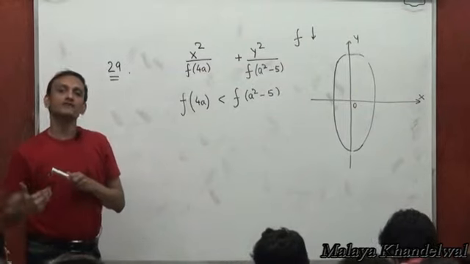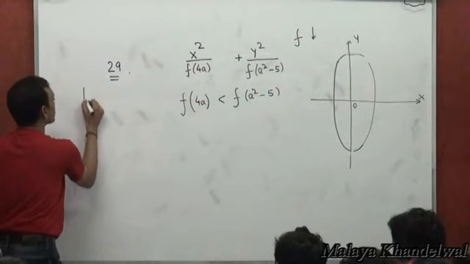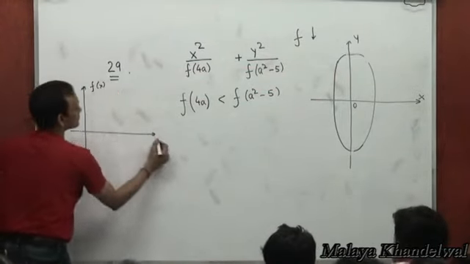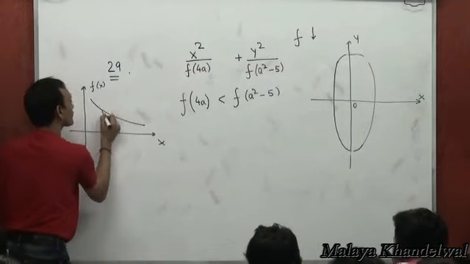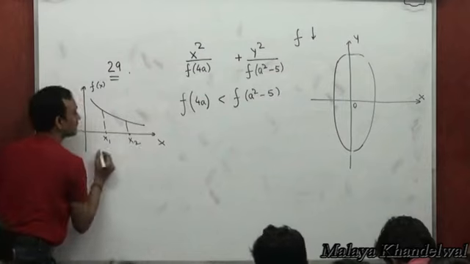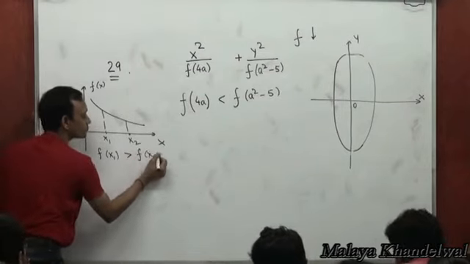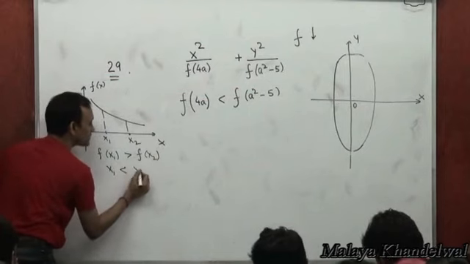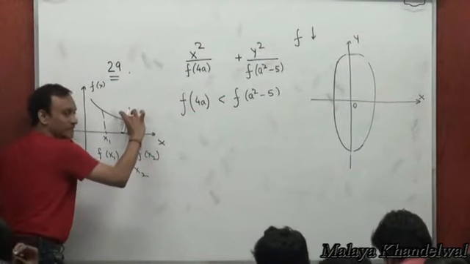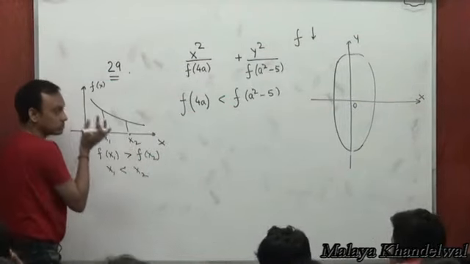If I have a function which is decreasing, and if f of x1 is greater than f of x2, I can very easily claim that x1 must be less than x2, right?